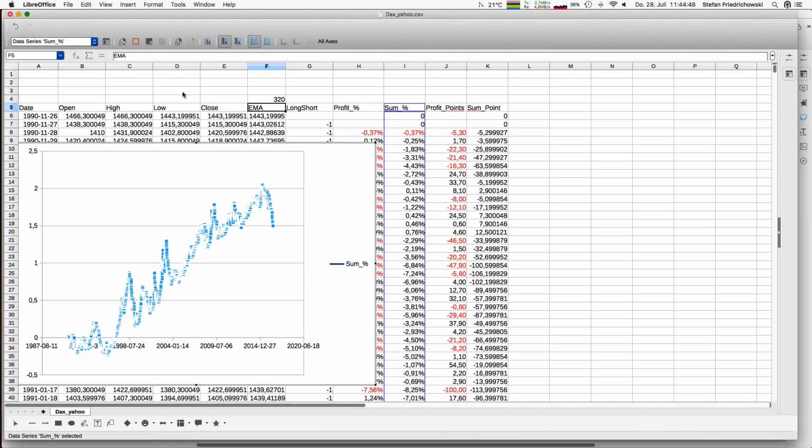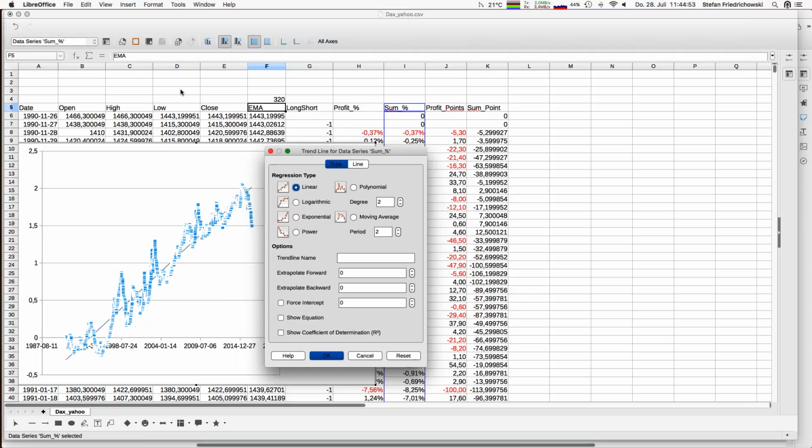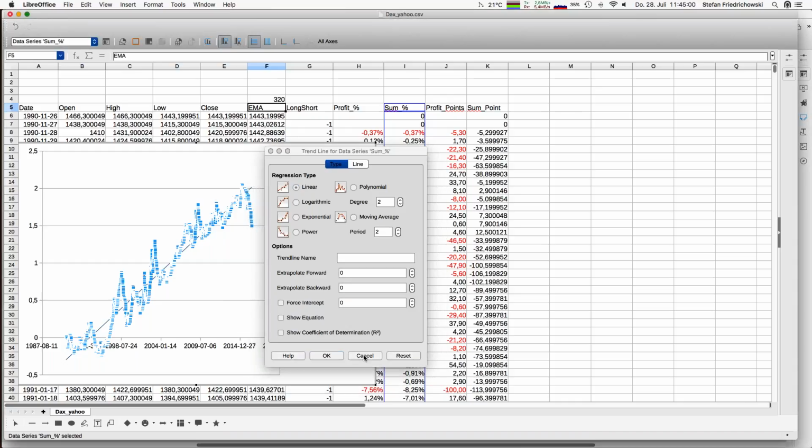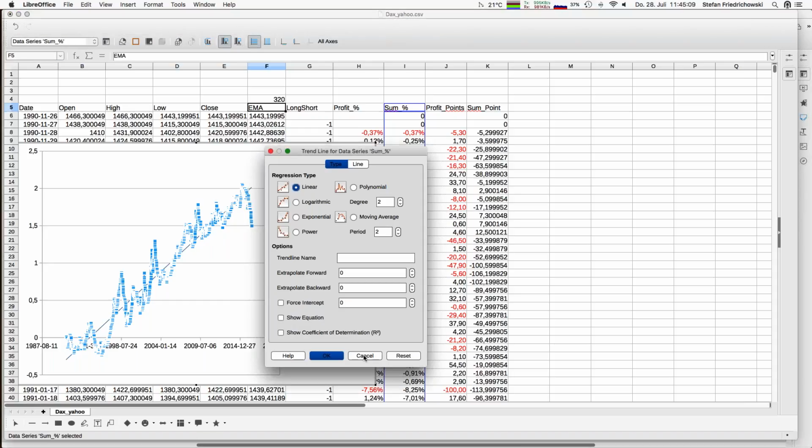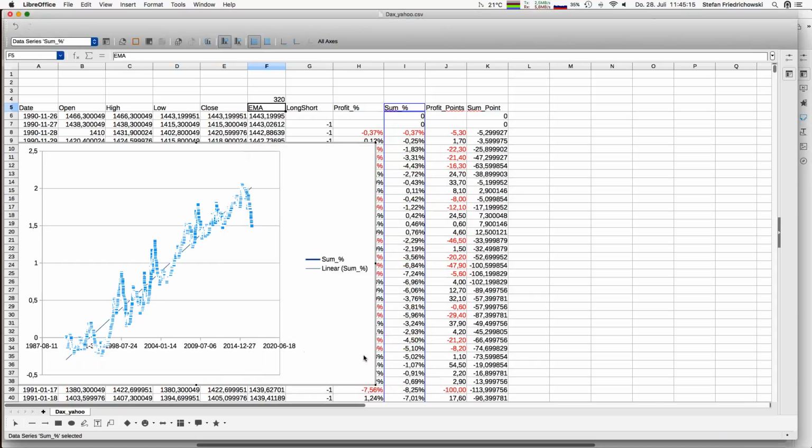Oh, now it's happening once again. So I have to close it. Let me cancel that. I will do it a little bit differently because I get into computer problems now. Just a second. I hope I can recover everything here.